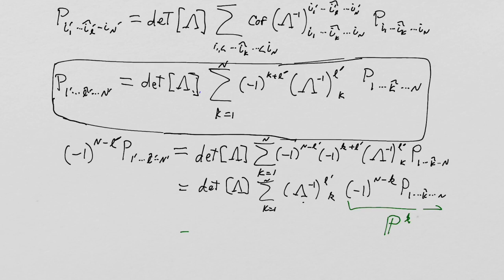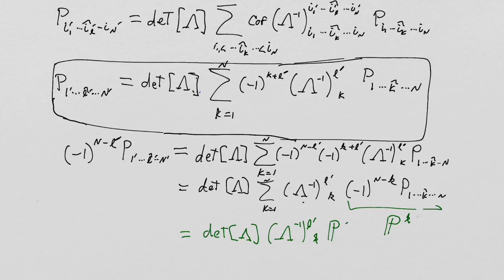So I'm now going to write this as det lambda minus 1 to the L prime K P. Why do I keep making that P and R?